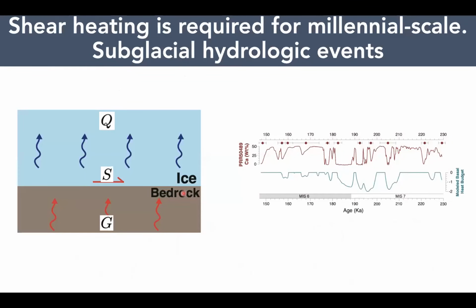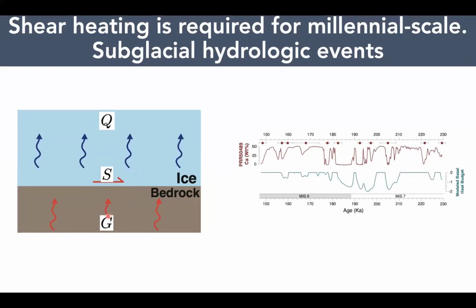We did an energy balance for the subglacial environment to ask how you could shift the hydrology in the ice-bedrock environment. I'm going to gloss over this pretty quickly. I added this in last minute, but in terms of getting a millennial scale shift in subglacial hydrology, you can call on a few things.